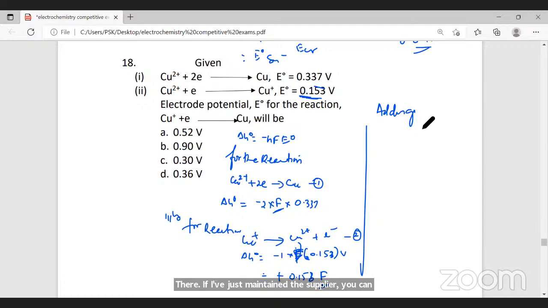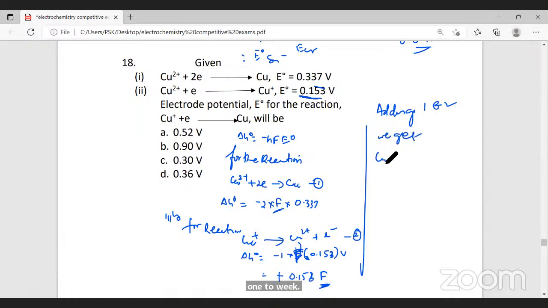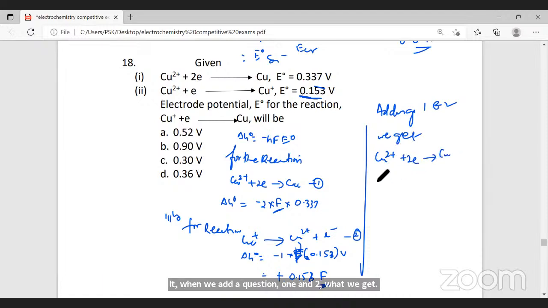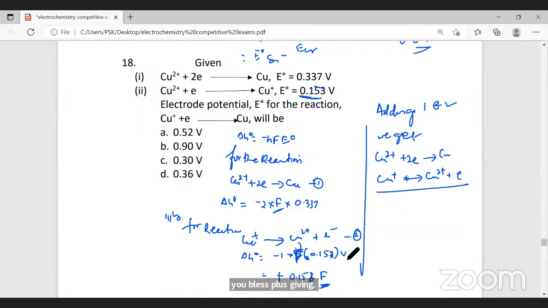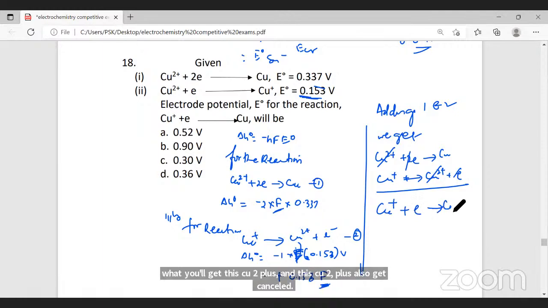Adding equation 1 and 2, what do we get? Cu2+ plus 2 electrons giving you Cu, and Cu+ giving you Cu2+ plus an electron. One electron will get cancelled. This Cu2+ and this Cu2+ also will get cancelled. So you will get Cu+ plus an electron giving you Cu.